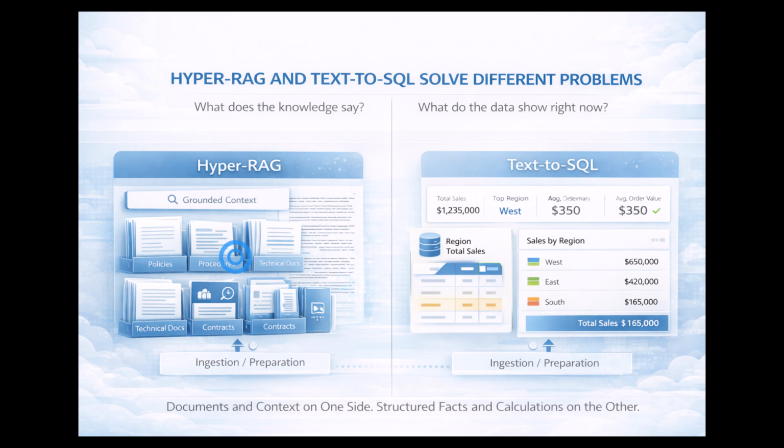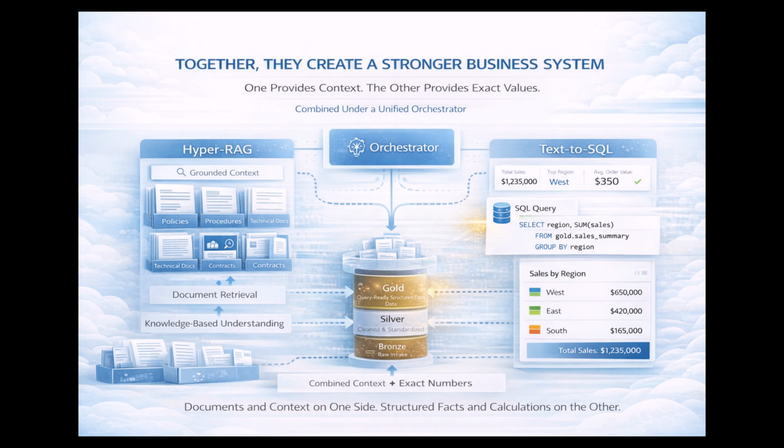But when we need accurate business numbers, totals, order counts, customer rankings, or any value that must be calculated from structured data, Hyper-RAG is not enough. That is where Text-to-SQL becomes necessary. And this leads to the most important point. In real business systems, these two approaches are not competing. They complement each other. One works with documents and unstructured knowledge.